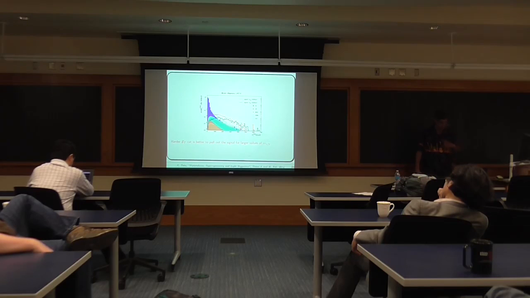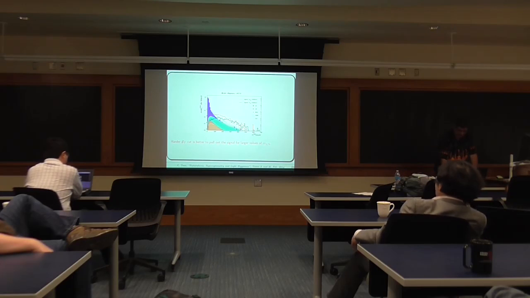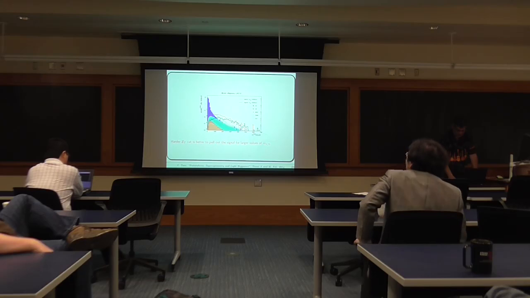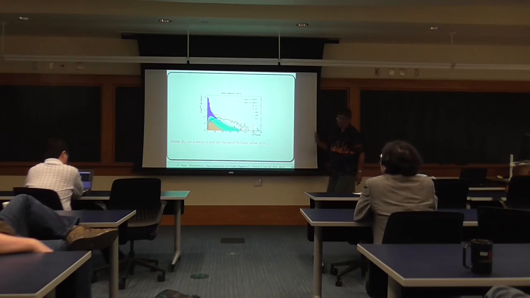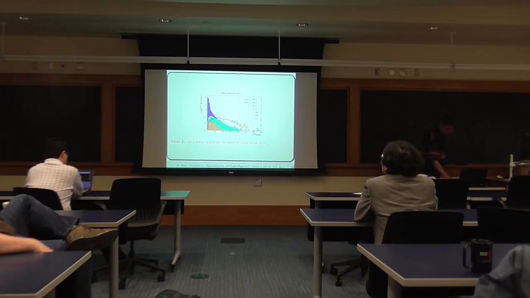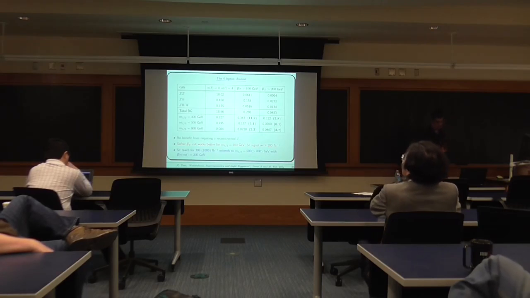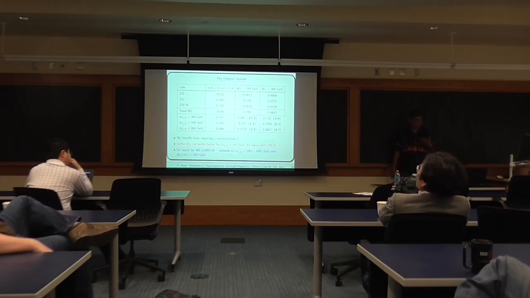So this is for 4 leptons. These are cuts, and a missing ET cut is very good to pull out the signal. That's not news. And so here is a table with a bunch of cuts.